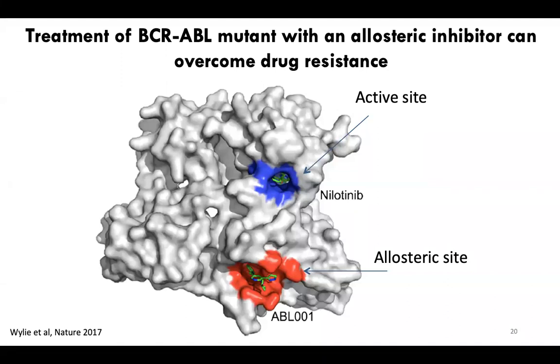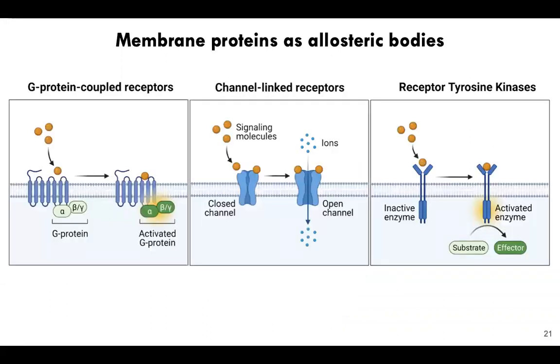But when you co-administer an allosteric inhibitor at a myristoyl site, ABL001, at the same time with nilotinib, then the drug resistance stops completely, and you don't have a resistance to the actual drug, which is a real breakthrough. And we think that this could be applied efficiently to other cancer drugs with co-administration.